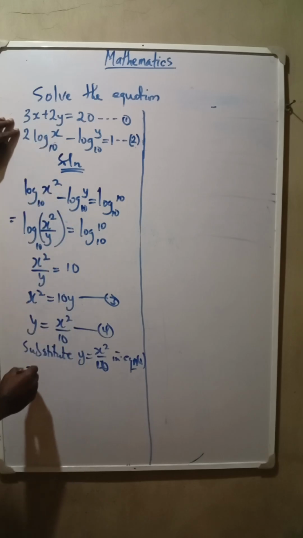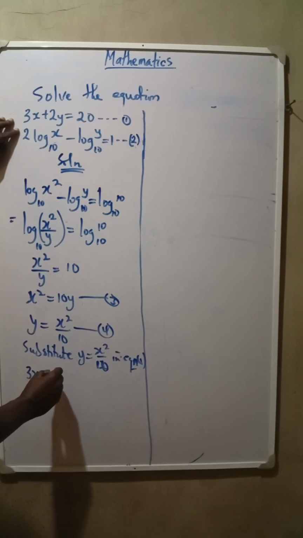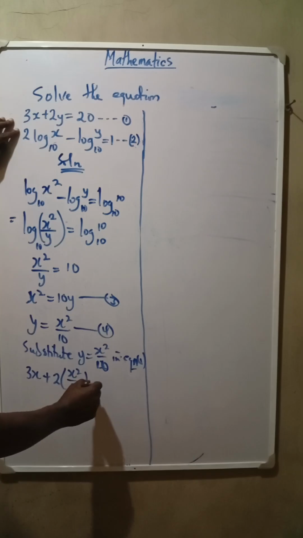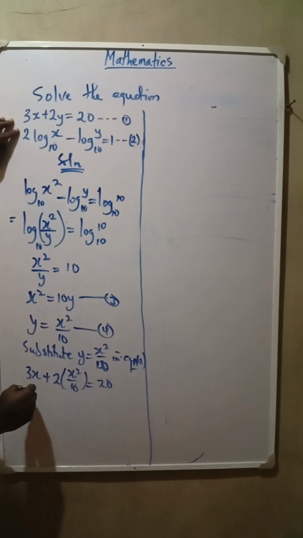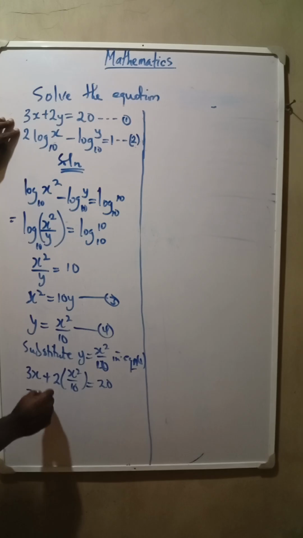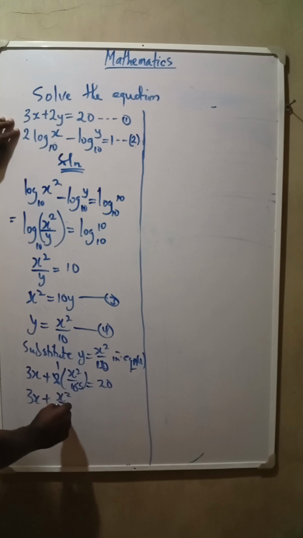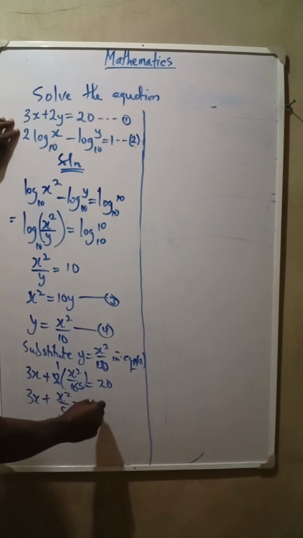So I'm going to have 3x plus 2, and y means x square over 10, equal to 20. So simplify this, the 2 will cancel this. I'm going to have 2 here, 1, and 2 here is 5. I'm going to have x square over 5 equal to 20.